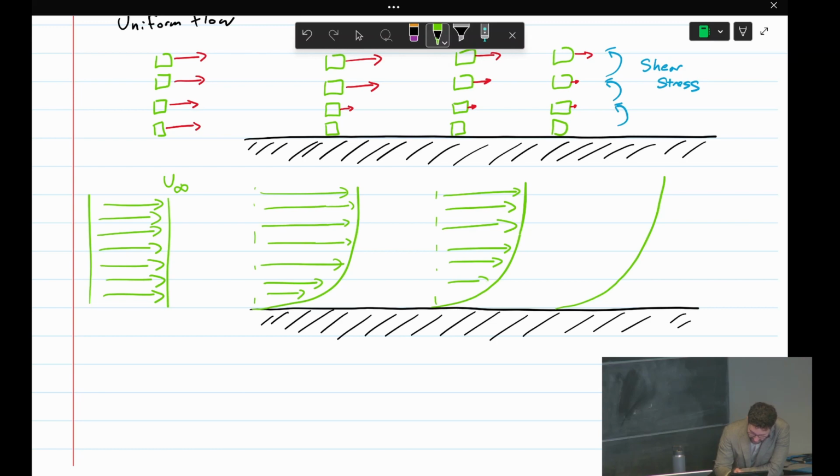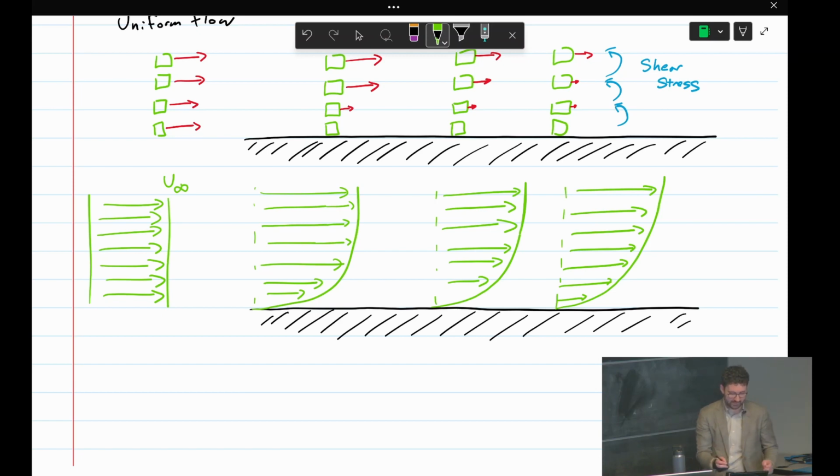So the velocity profile, because the parcels keep slowing each other down, will slowly lose momentum due to the viscous effect on the surface. So always far away from the boundary layer, the flow is still at U infinity.